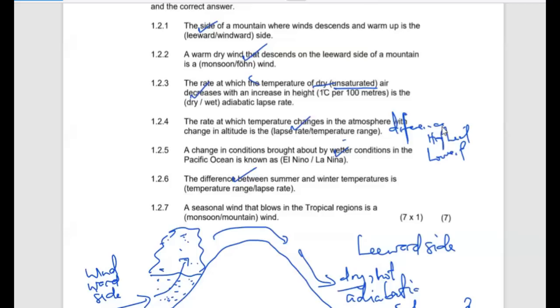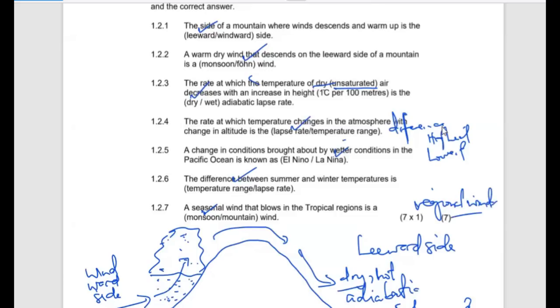A seasonal wind that blows in the tropical region, what do we call it? It's a monsoon wind. Remember, we talked about the monsoon winds. We will discuss the monsoon winds further down because typically the monsoon wind is a regional wind. It affects a specific area.